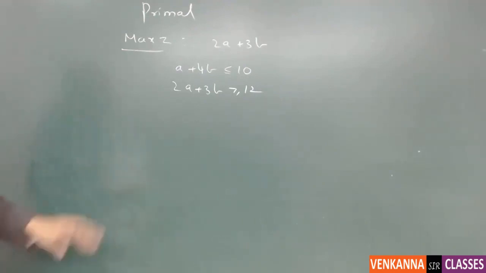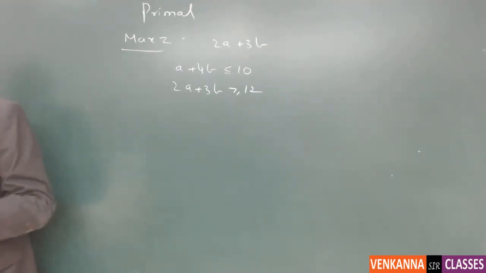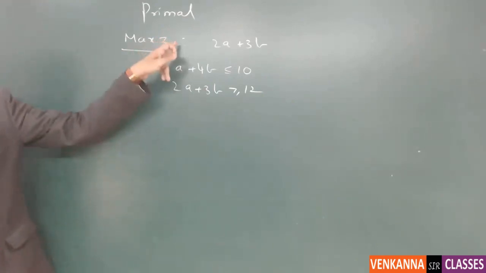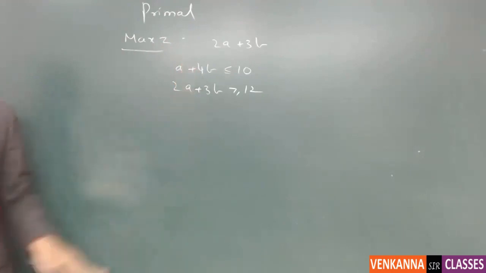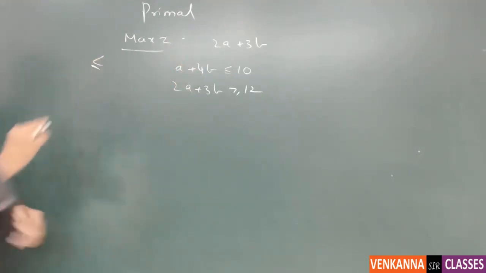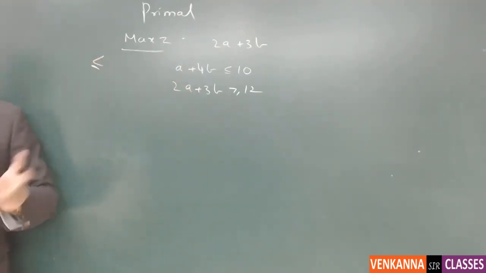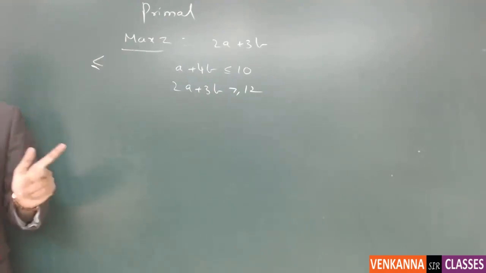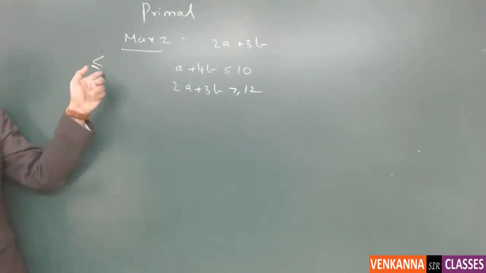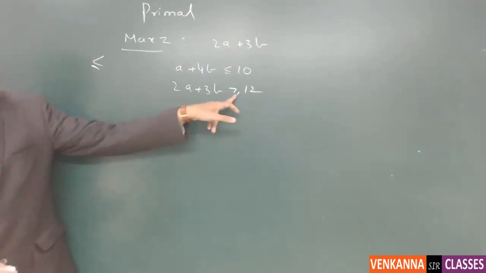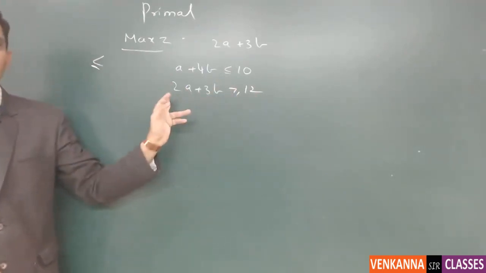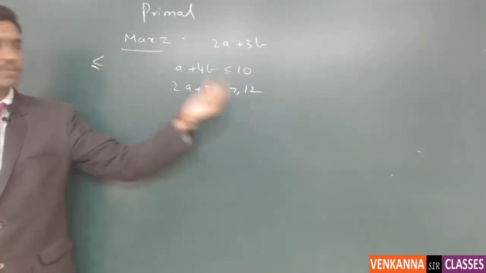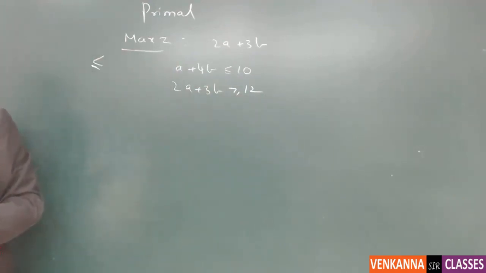Now what happens? Before writing the dual, always make sure that if the objective function is maximization, all the inequalities must be of the type less than or equal to. If there is an inequality which is violating this, that is greater than or equal to, you simply multiply both sides with -1 so that it will be converted into less than or equal to.